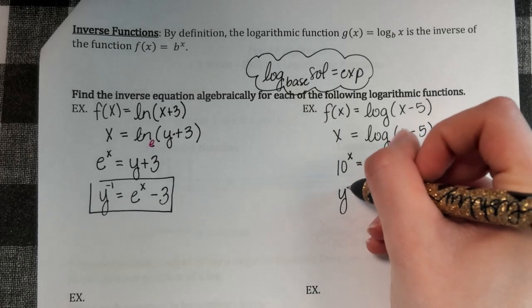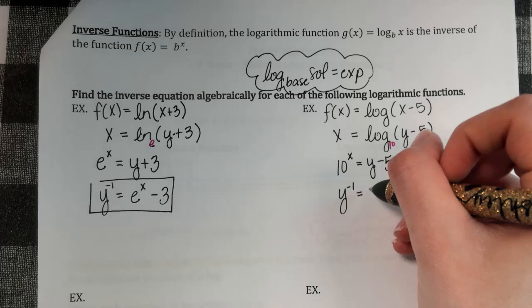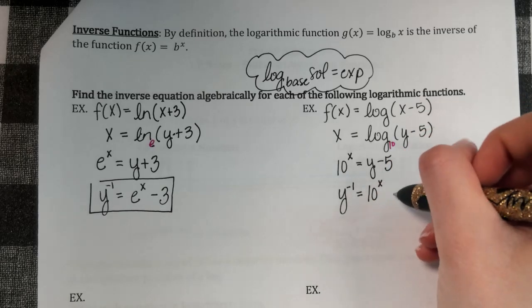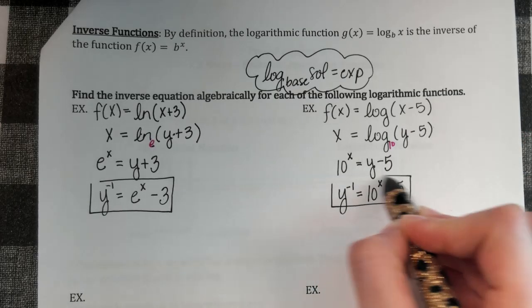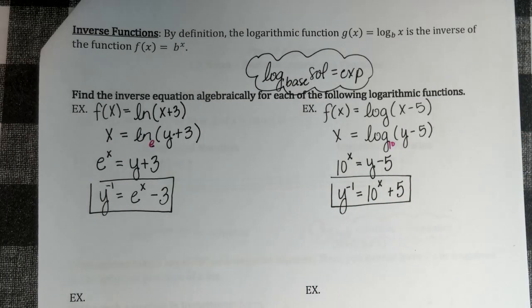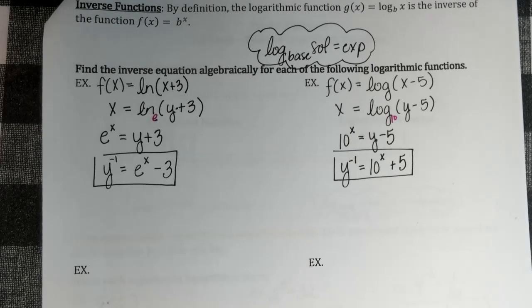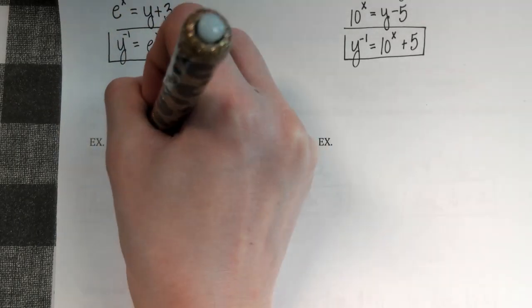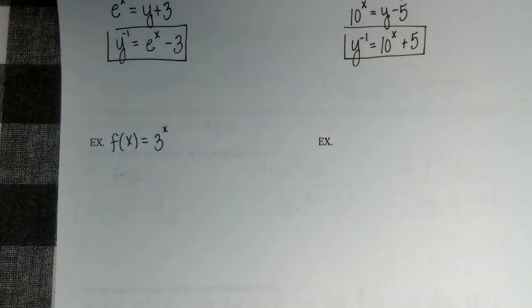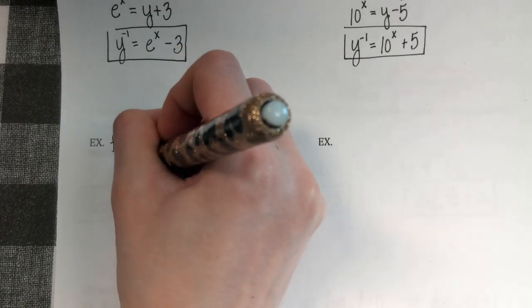So what's the inverse of y equal to? 10 to the x power plus 5. Very simple. Okay? Now if I have f of x equals 3 to the x power, I swap: x equals 3 to the y power.